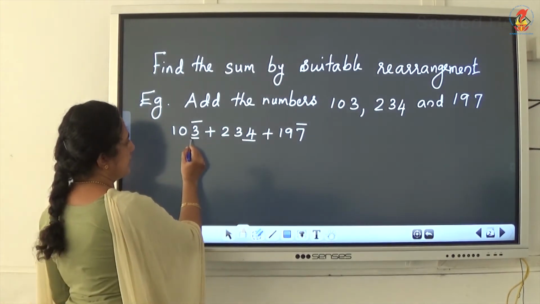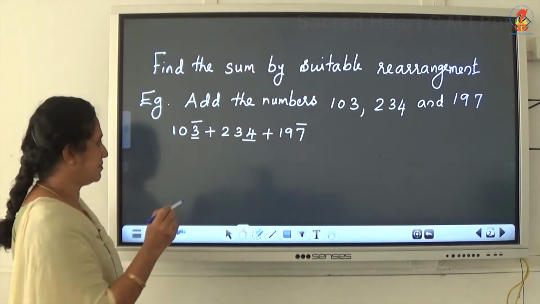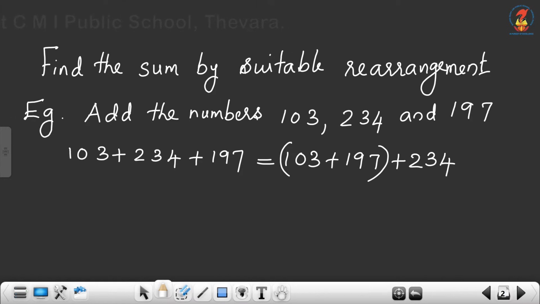So we can consider 103 and 197 first. We write 103 plus 197, then put the bracket because we are considering those two numbers first, plus 234.